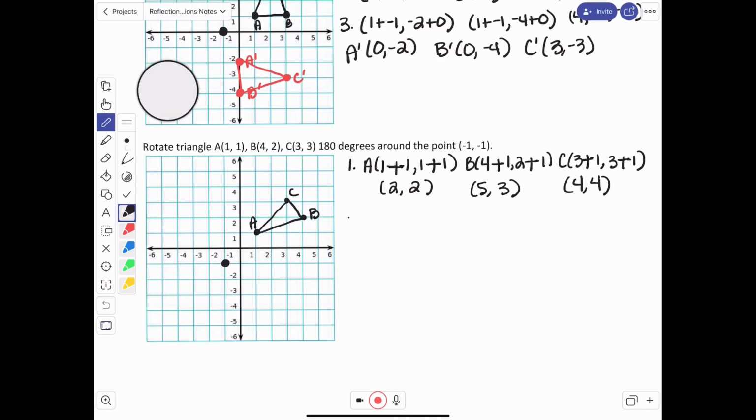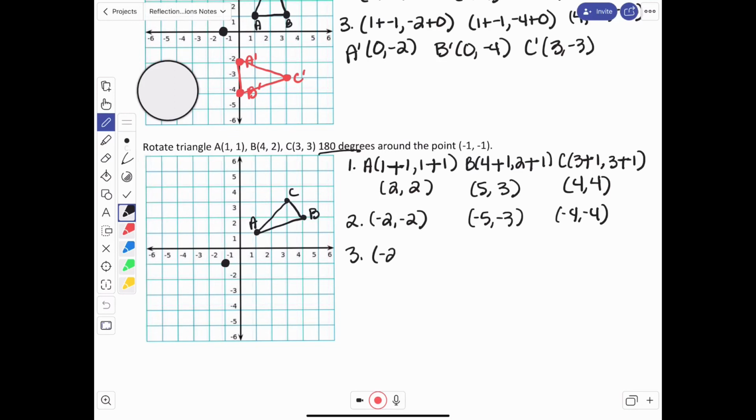All right, step 2, 180 degrees. So that means all that's going to happen is our signs are going to change. So that's going to be -2, -2, -5, -3, -4, -4. And then step 3, remember, you add your point back to it.